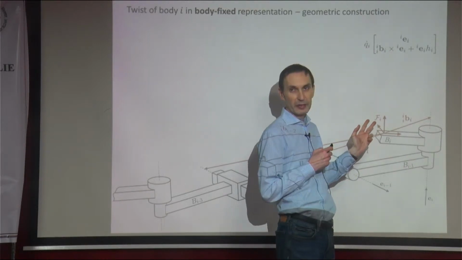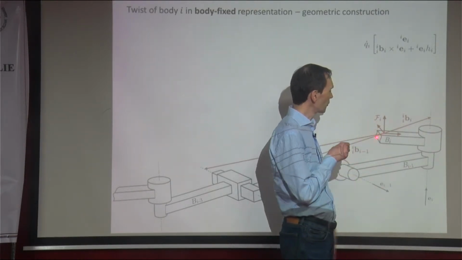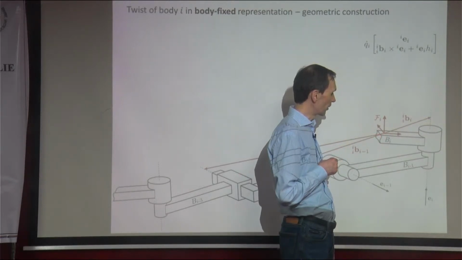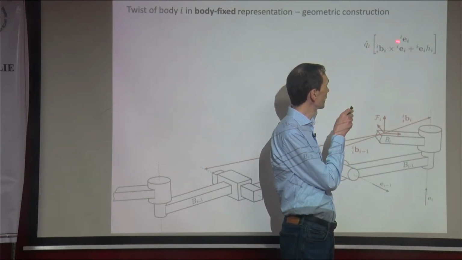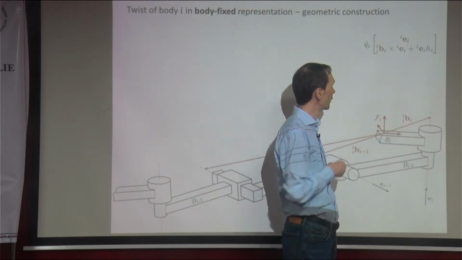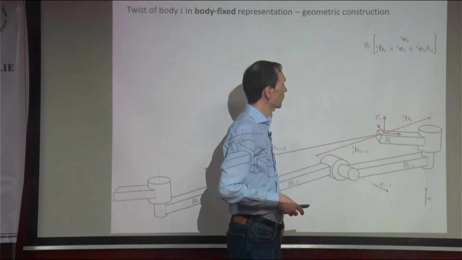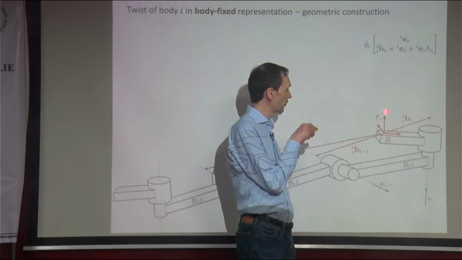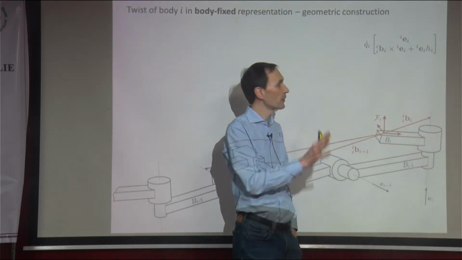I hope you're following me. Makes sense somehow? Okay. So this vector, cross product with omega. And omega, of course, is e times q dot. Okay, that's more like a super intuitive explanation of how you get the twist of this frame when you rotate about this joint axis if the rest is frozen.